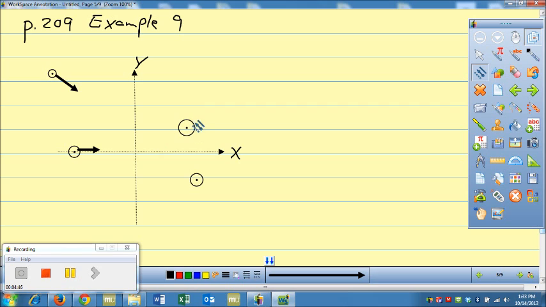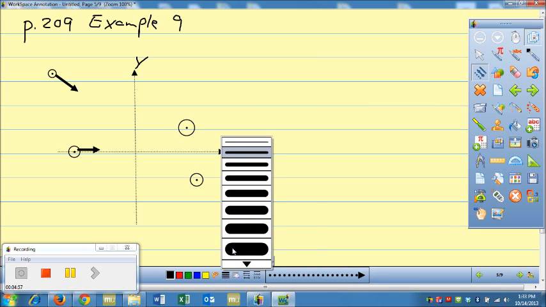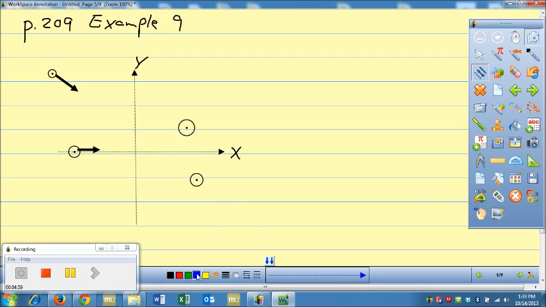Okay, so this one's got a, actually I'll do that afterwards. Yeah, I'll do it now. Let's see. I make a thin dotted line, perhaps in blue.